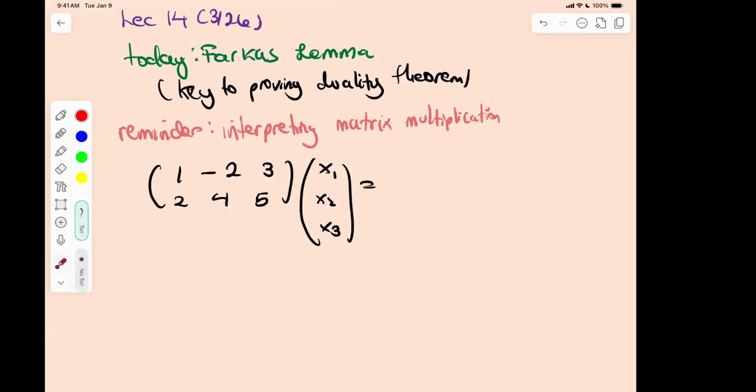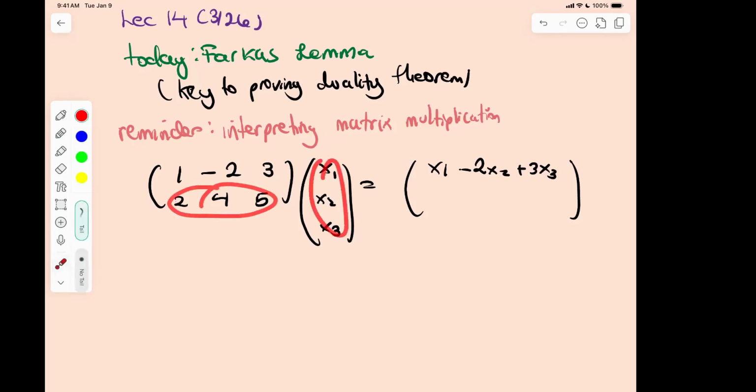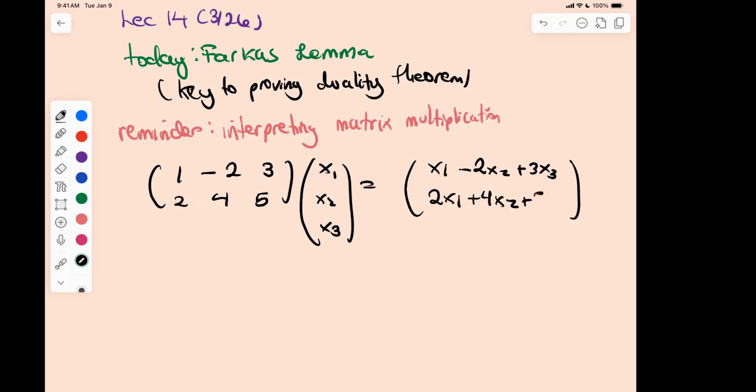To compute the product you do the dot product between the row and the column vector, and that gives you x1 minus 2x2 plus 3x3. Then you do the dot product between the second row and the column vector, and that gives you 2x1 plus 4x2 plus 5x3.